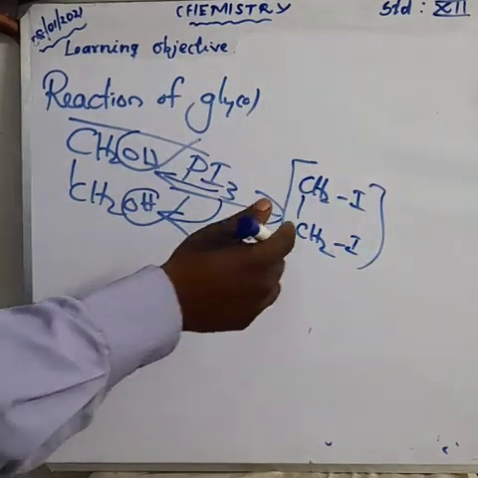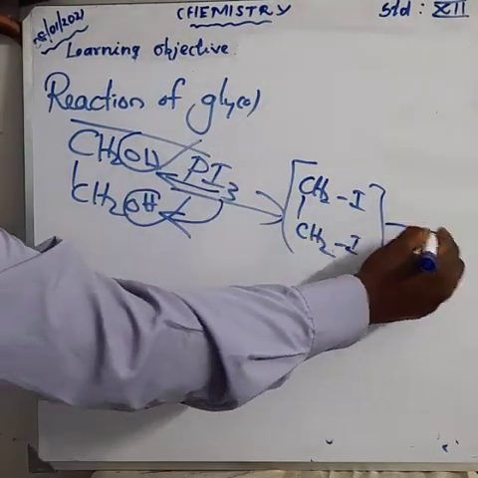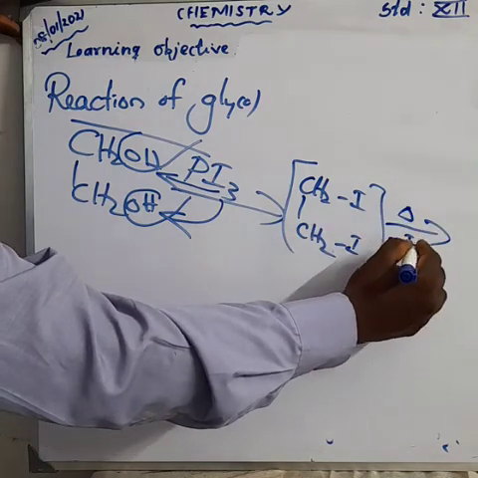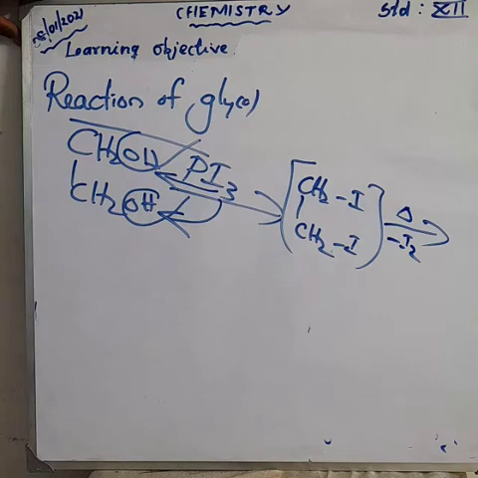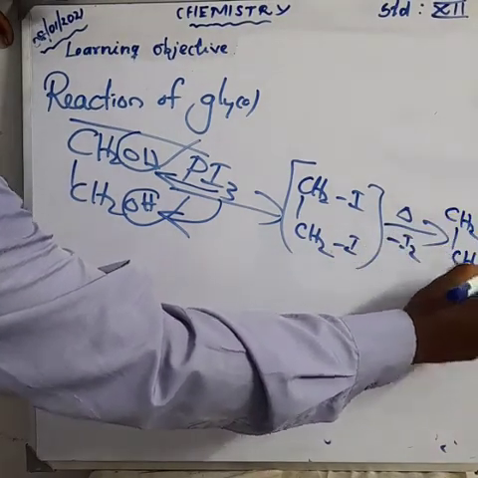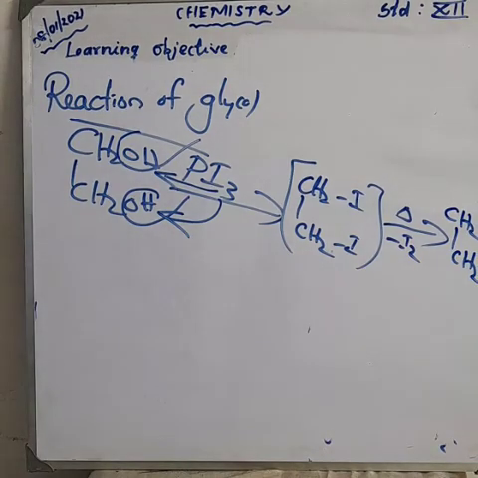Here we are heating this product. I2 is leaving out, and we get CH2=CH2. The name of the compound is ethene, otherwise called ethylene.